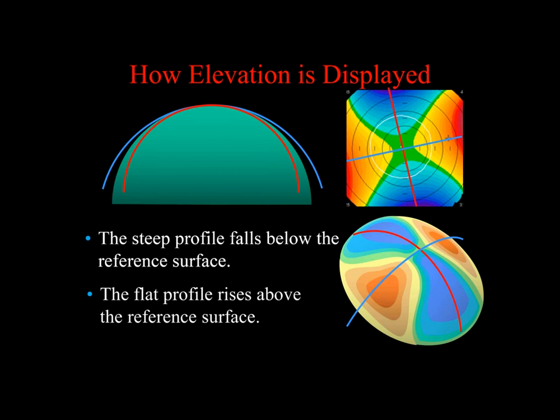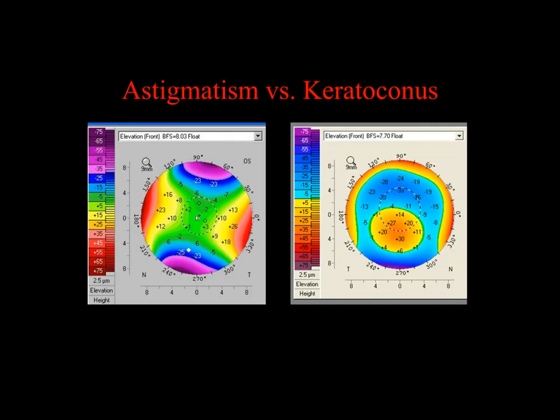So you get what looks very similar to the astigmatic bow tie pattern that you're used to on a Placido, except the color is the opposite because steep is negative and flat is positive. But that's a normal astigmatic pattern on a best fit sphere. Now, if we look at the picture on the left, that is a patient with pretty much pure astigmatism.